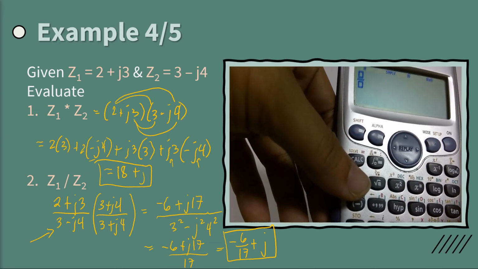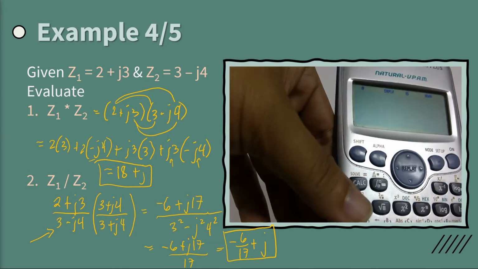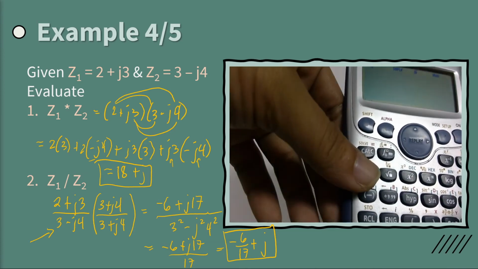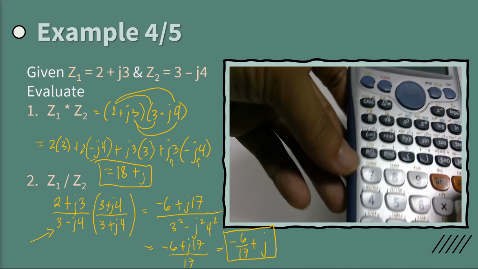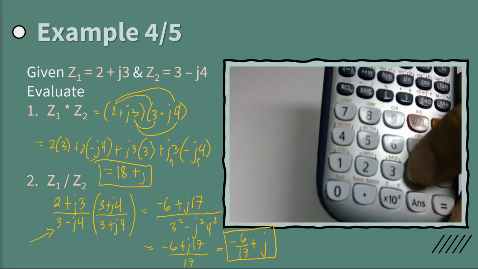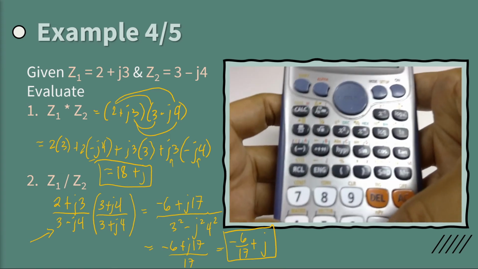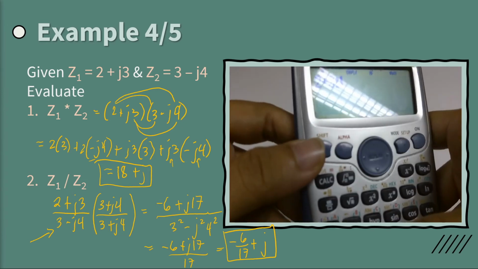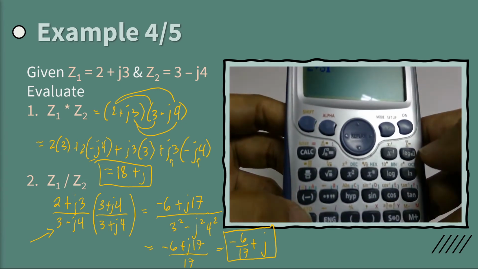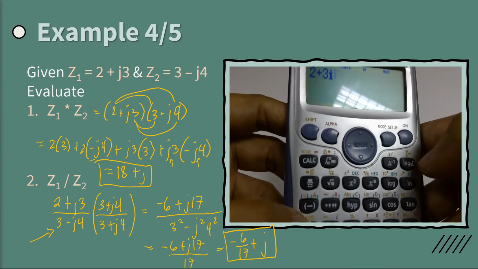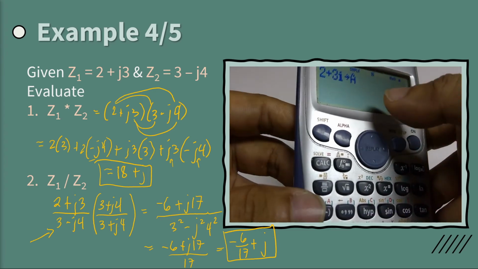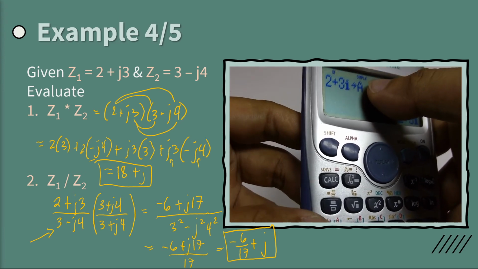For the fraction, if you want a division, but we are in the product, you can actually store the complex number 2 plus j3. So you can write 2 plus 3i, and then shift store, and then press A. So your variable A is 2 plus 3i.